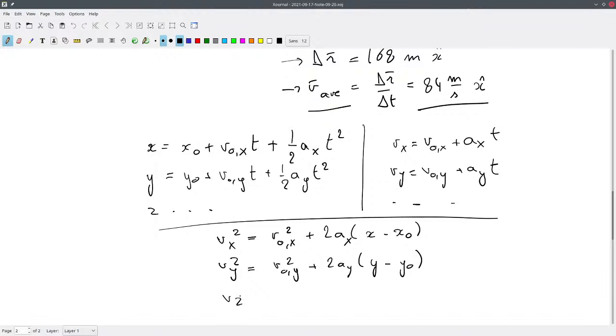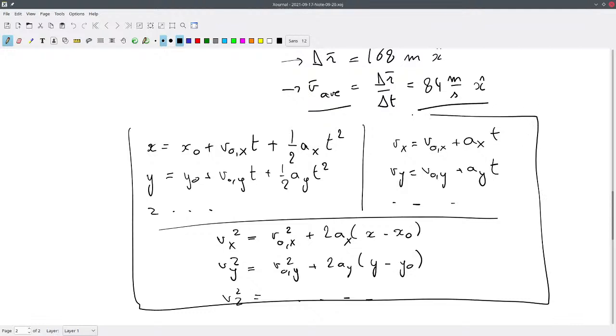And the same thing for vz squared. So these are now the main formulas. If you haven't seen calculus, then these are the formulas you'll want to focus on right now, because they do everything, of course, for constant acceleration.